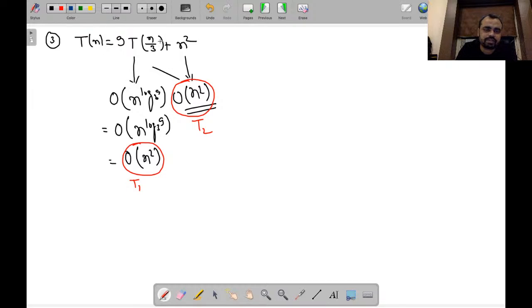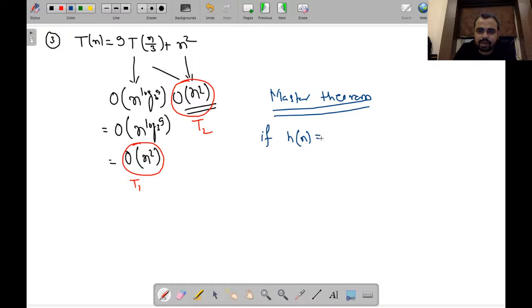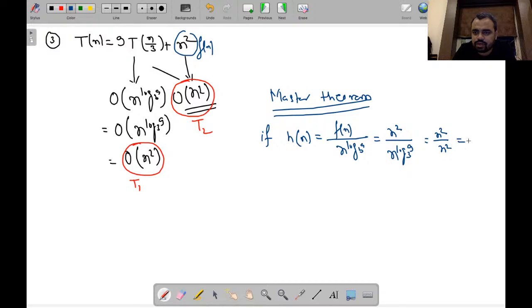So what does the master theorem say? According to the master theorem, you have to calculate h of n equal to f of n divided by n to the power log of a on base b. What is the f of n here? It will become n squared divided by n to the power log of 9 on the base 3, that is n squared divided by n.